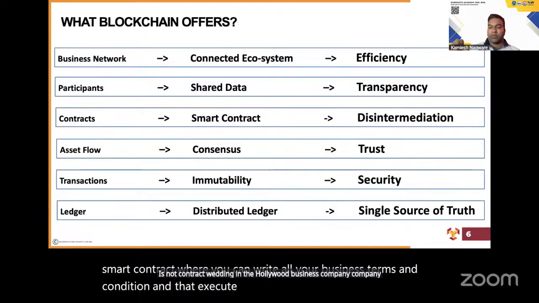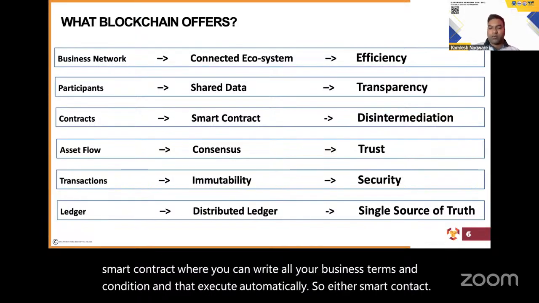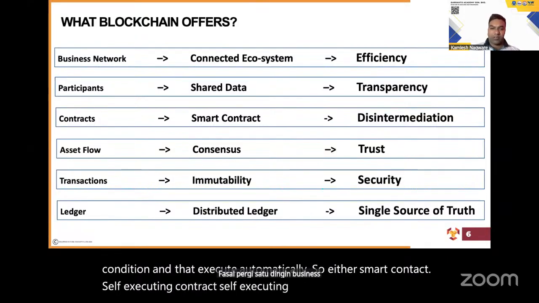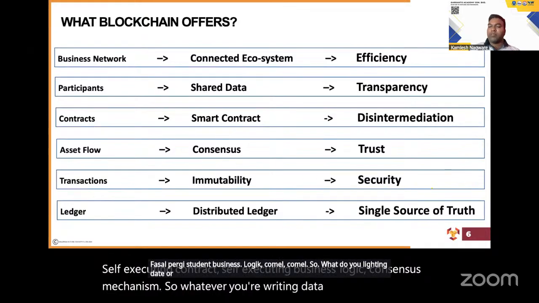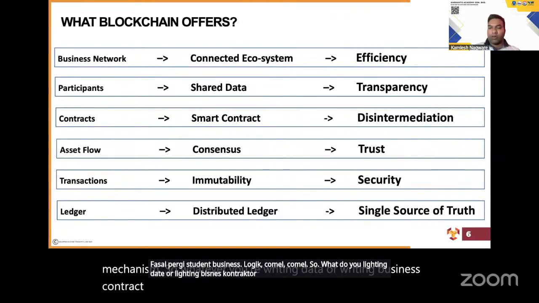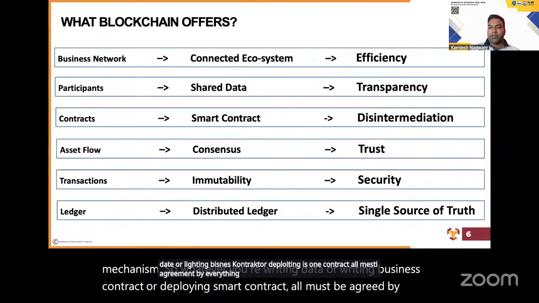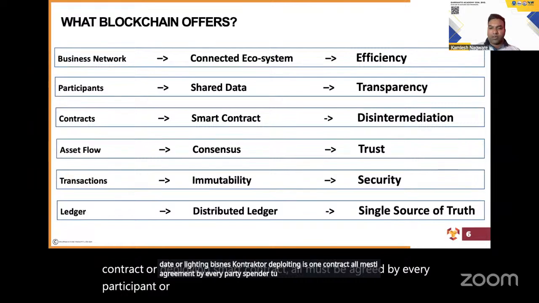The smart contract is a self-executing contract, a self-executing business logic. Then the consensus mechanism: whatever you write, whether data or a business contract, or when deploying a smart contract, must be agreed by every participant or stakeholder in the network, and that gives the trust.